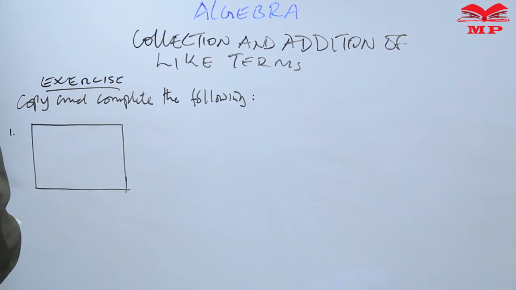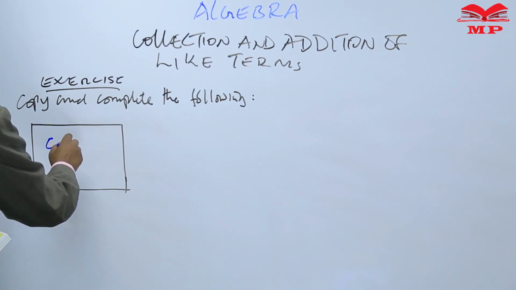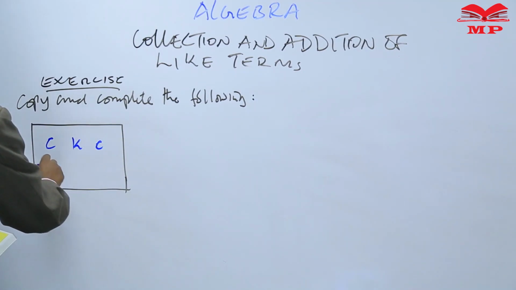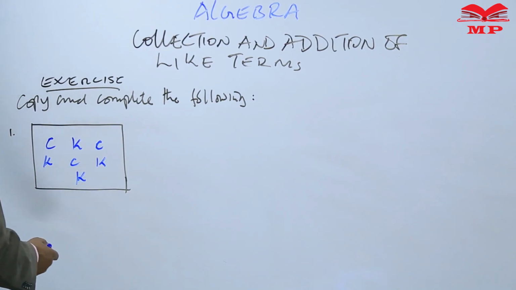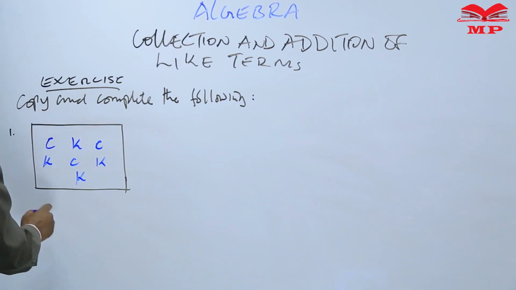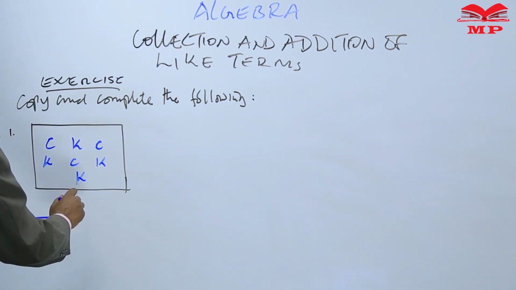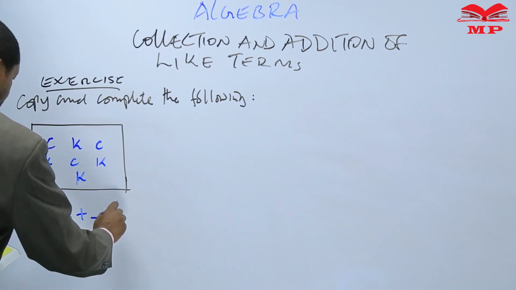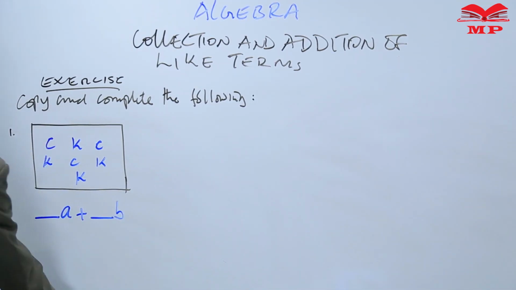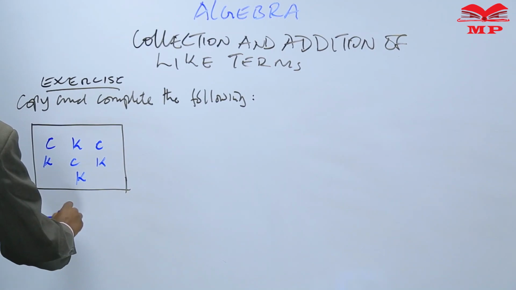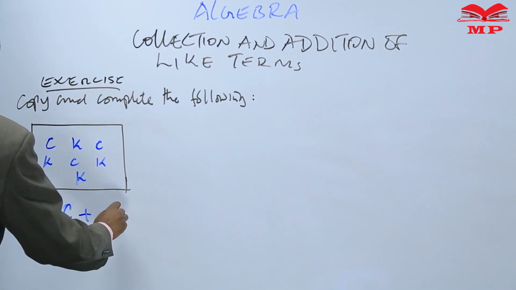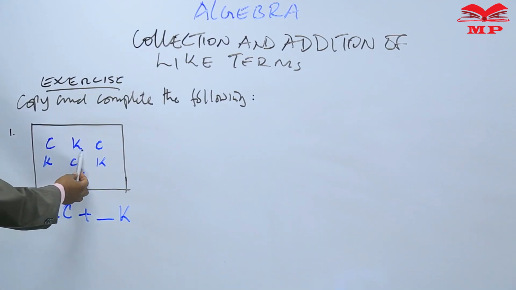Then inside the box, I want you to have C, K, C, K, C, K, K. So the question down here is dash C plus dash K. So how many K's are in this box?